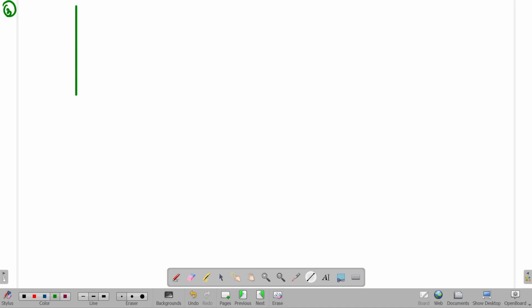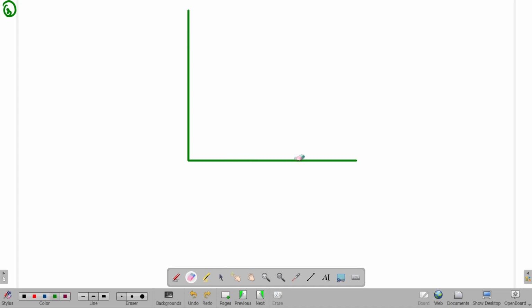If I have two perpendicular infinite wires, wait, let me draw it this way. Semi-infinite.